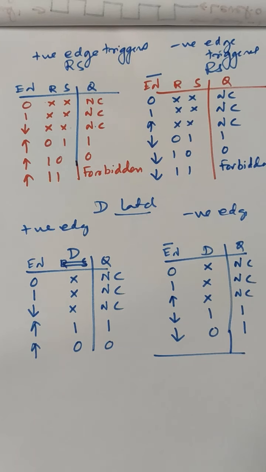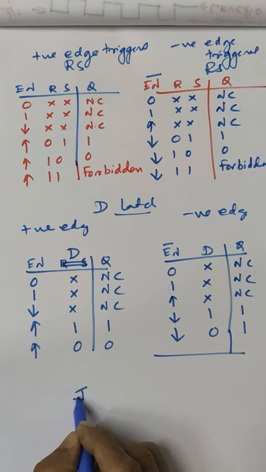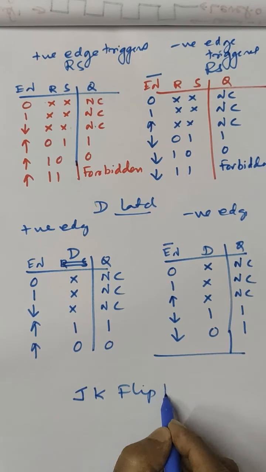Now there are further modifications. There are different types of flip-flops starting from RS. We have studied two variations, mainly RS, and from that we have designed D flip-flops or D latches. And there are many more varieties of flip-flops for different applications. One of the main types of flip-flop that we commonly use for different applications is known as the JK flip-flop.